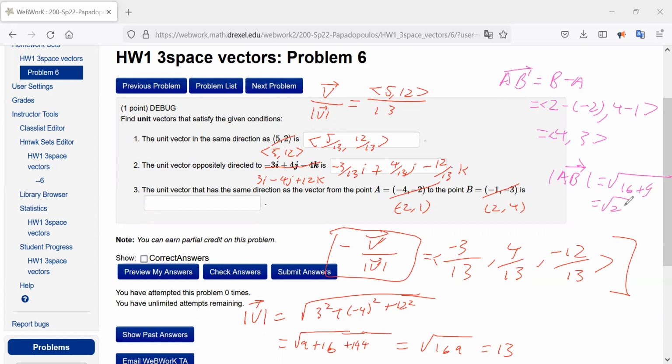The square root of 25 is 5. So we take 4 divided by 5, and 3 divided by 5. Again, I set this up so that there were basically all Pythagorean triples because they're nicer to deal with than nasty little square roots, but that's how you solve it.